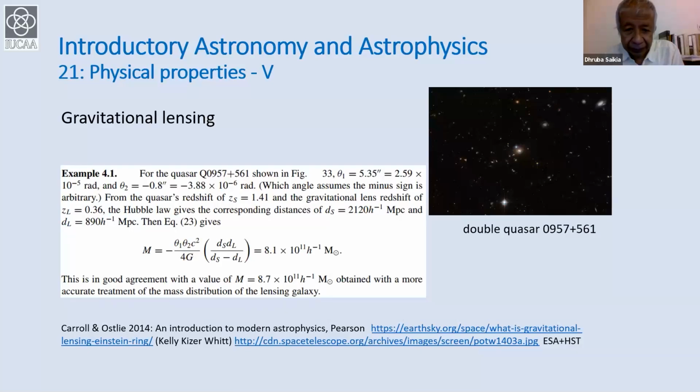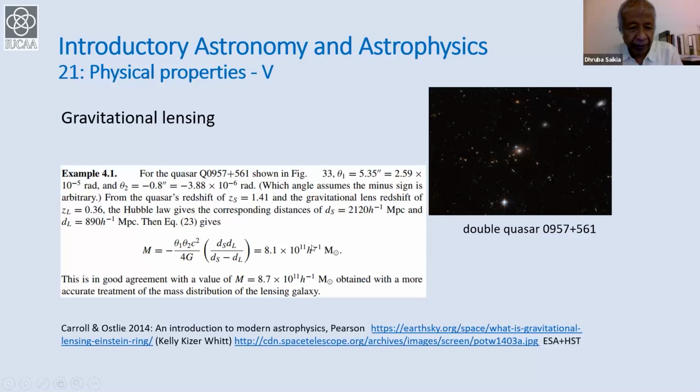And from the angular separations θ1 and θ2, which are plugged in radians into this equation, and from the redshift of the object as well as that of the lensing galaxy, which were measured, they calculated the mass of the object to be 8.1 × 10^11 h^-1.